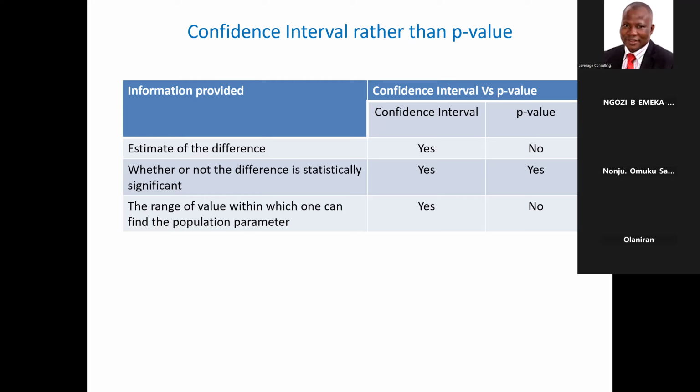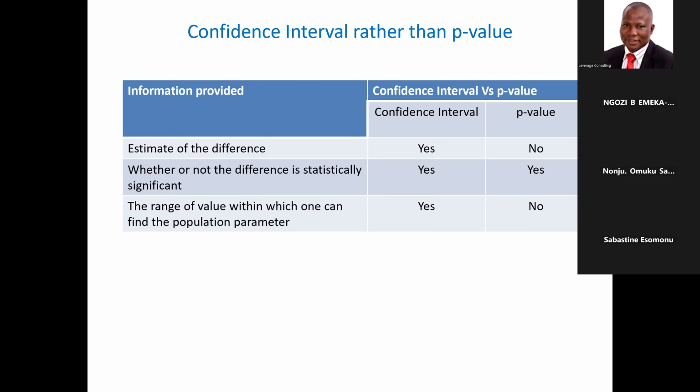So when you look at it, when you want to make your decision, there is no information the p-value gives you that the confidence interval does not. But most of the time, even the examiner, if you are going for an exam, may not know how to interpret the confidence interval.